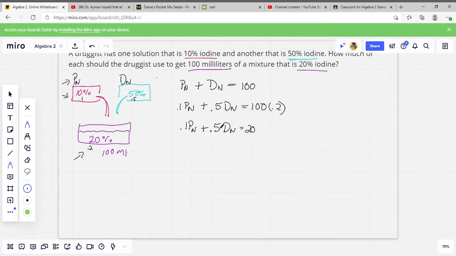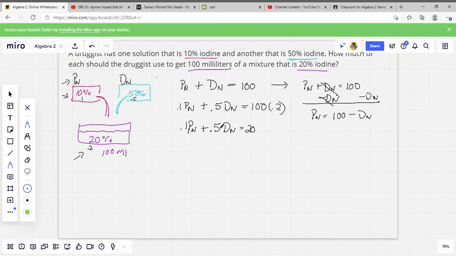Alright, now I can't solve because I have two different variables here, so I need another equation to make this only one variable. So I could say my pour number plus my dump number equals 100, and then subtract my dump number from both sides, kind of like we do with the coin problems, and then we'll have pour number equals 100 minus Dn.